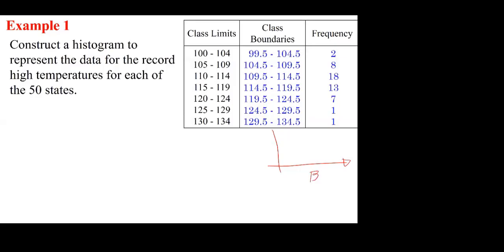So you would put, for example, 99.5 here, and then 104.5, and you move on, you make up your scale. Now, on the vertical axis, you have a choice of using frequencies or percent frequencies or relative frequencies. Which one do you use? Whatever you are asked to use. In this case, we use the frequencies.